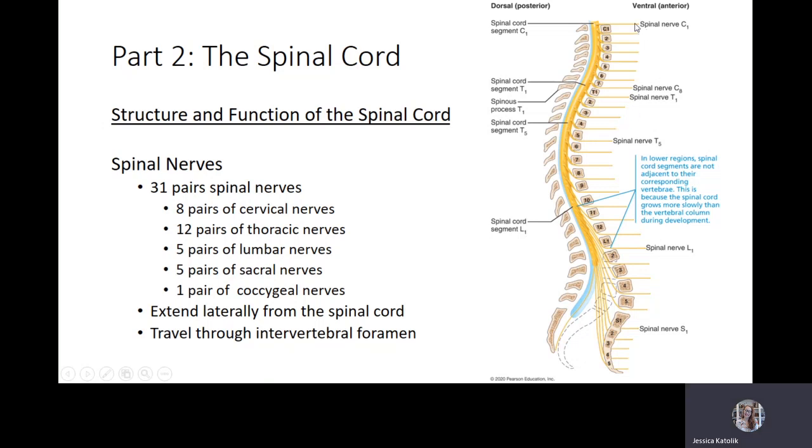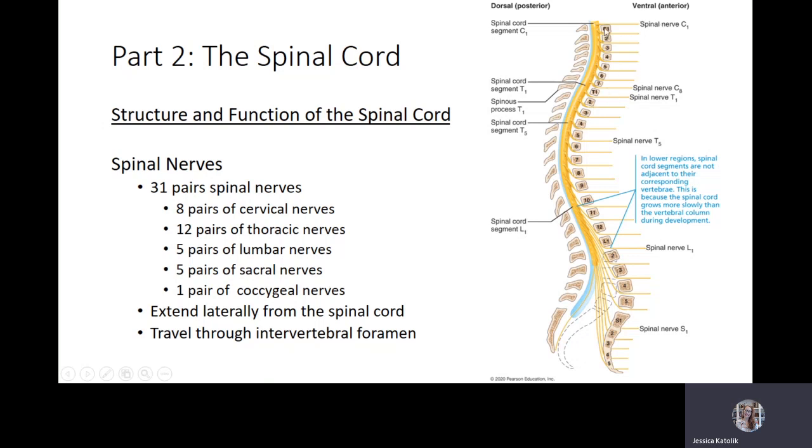Normally what I would have you do in lab is count them out and identify which nerve I am referring to. We're not going to be able to do that as easily because we don't have the models in front of us, but I do want you to be familiar with how we would count it out.